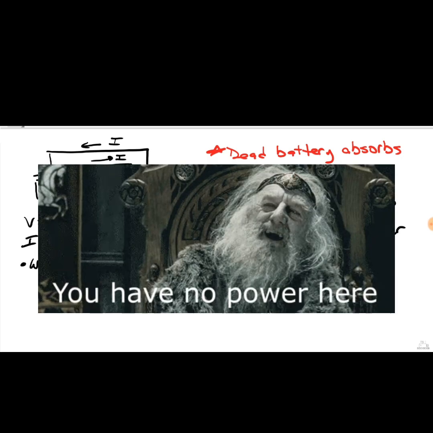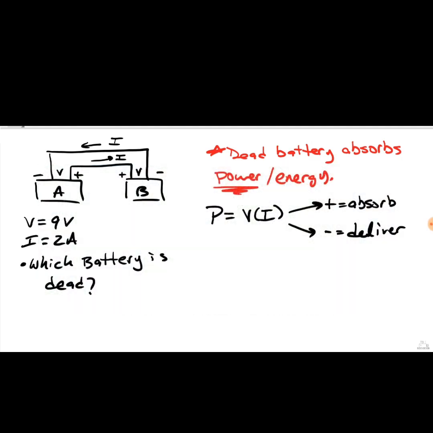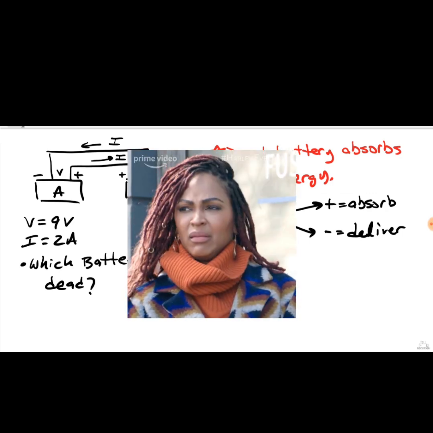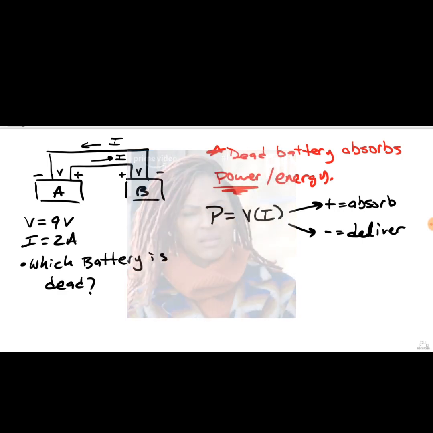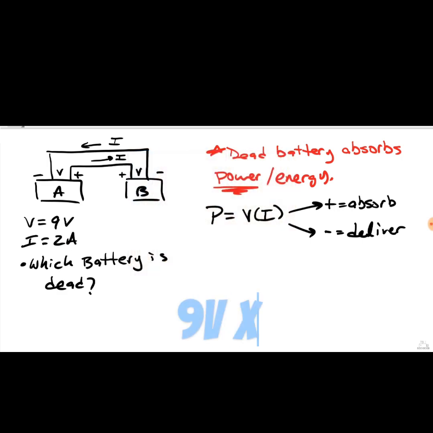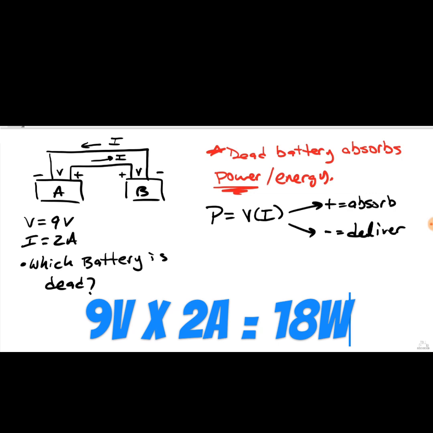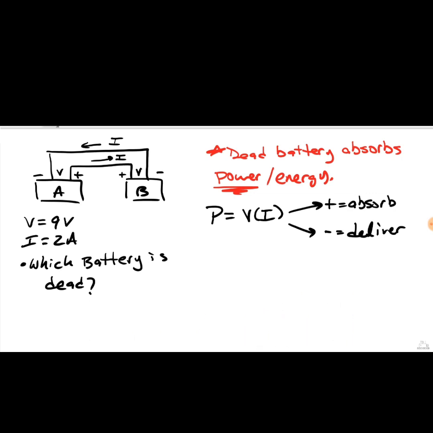So all we have to do is a power analysis on both batteries. A lot of students will say, well, the power is the same through them both. Yes, the power is the same, but the direction of the power is not. If both of them are 9 volts and 2 amps, then the power for both is going to be 18. But it's more than just that. You have to consider the passive sign convention.